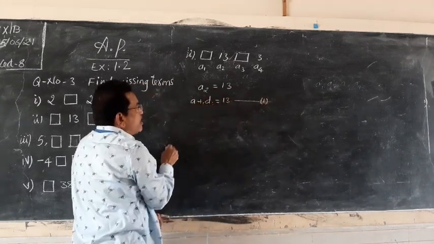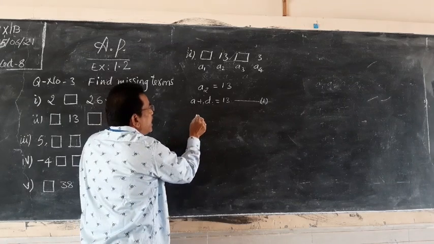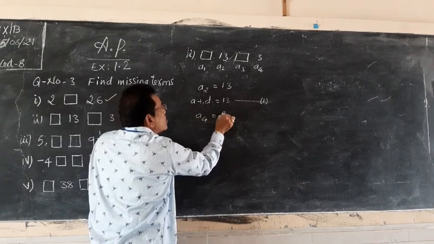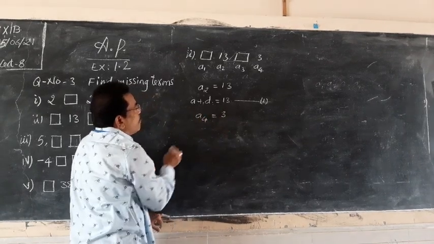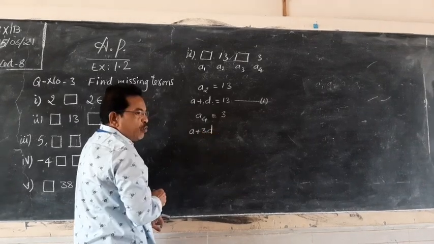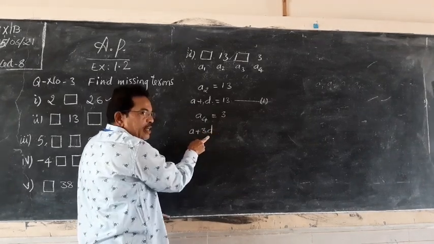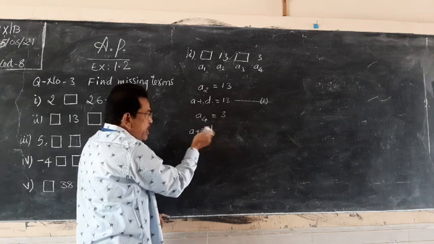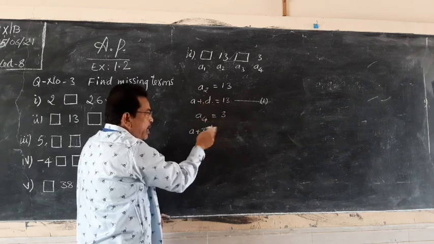Then which term is given? A4 is given. A4 equals 3. What is the meaning of A4? A plus 3D. I have shown you how we get this 3D. Okay, An equals A plus (n minus 1) into D. N is 4, 4 minus 1 is 3, that is 3D.